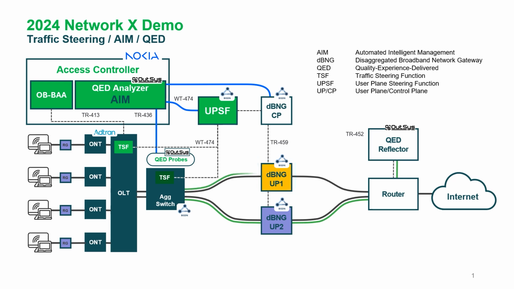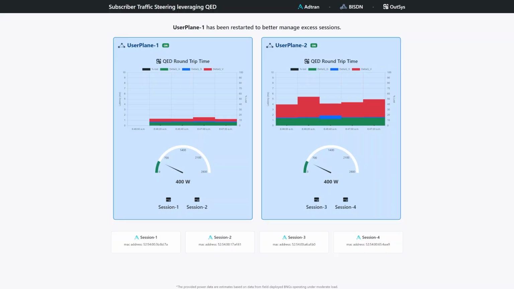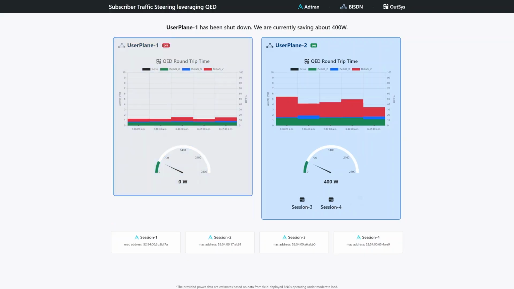When the number of active subscribers drops below a certain threshold, the QED Analyzer triggers on the BNG the traffic steering to move the subscribers from one user plane to another one and turn off the unused user plane in order to save resources and energy without compromising the quality of experience delivered for the final customer.